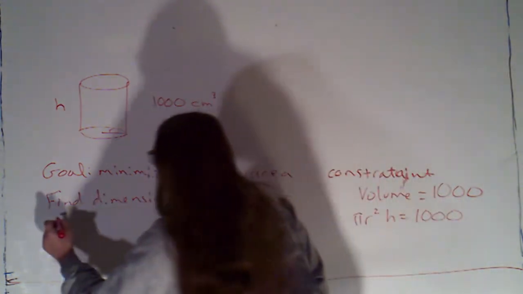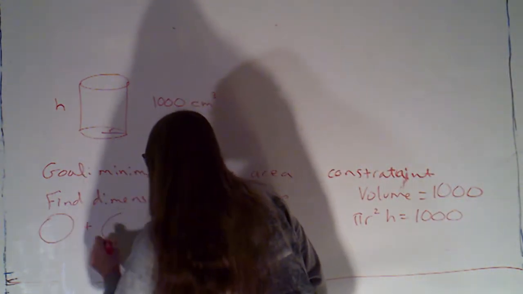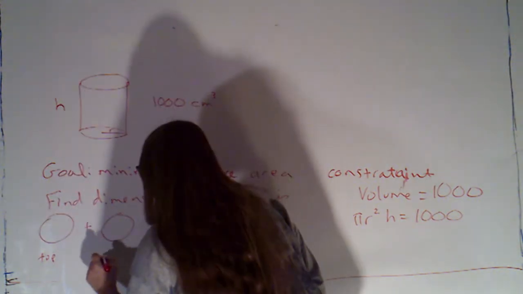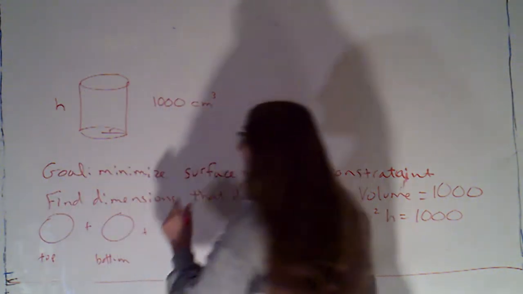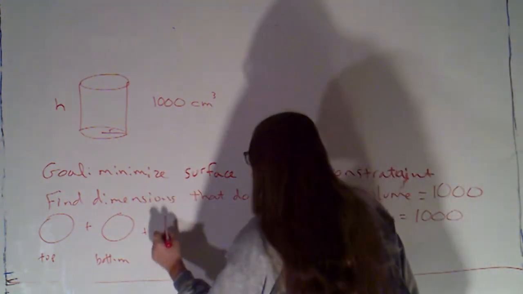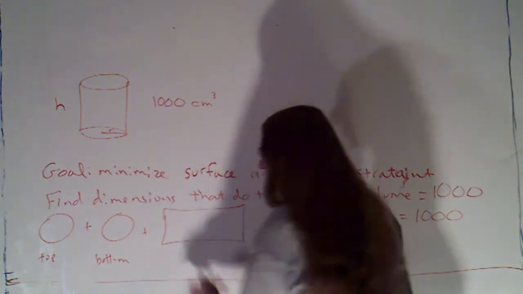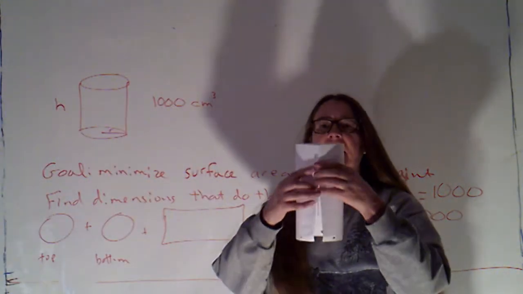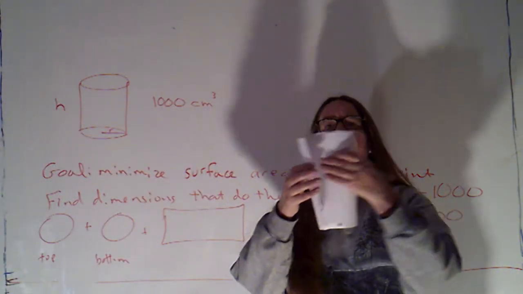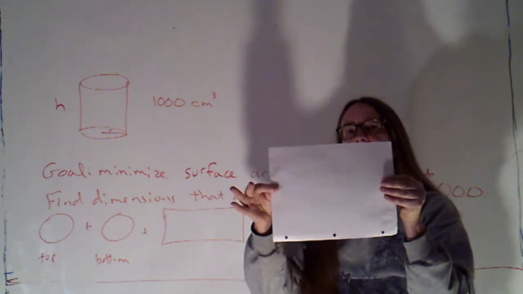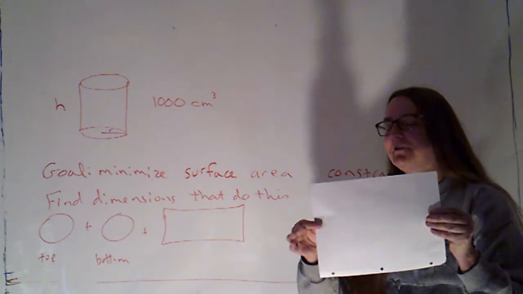Now the surface area is going to consist of three different parts. I'm going to have the top surface, the bottom surface, and then I'm also going to have the sides of that cylinder. And for the sides, I can imagine that I've got a soup can with the label. I can unwrap that. Okay, so we're going to get a rectangle.